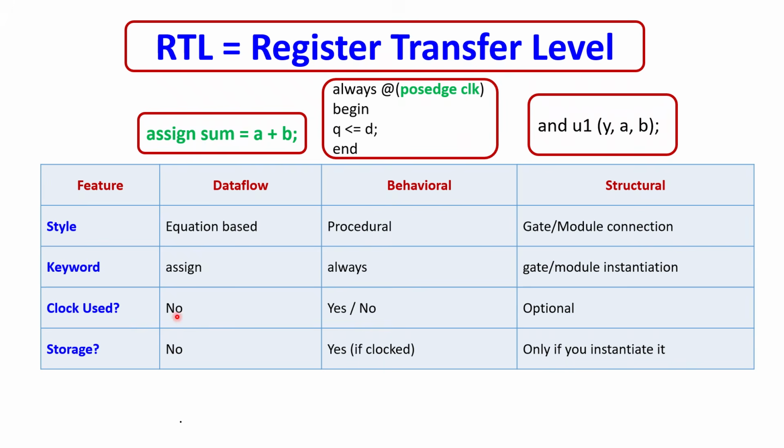Clock used: for data flow no, for behavioral sometimes it is used, sometimes not, and for structural it is optional. And storage: here there is no storage. Here if a clock is used we use storage, and only if you instantiate it.